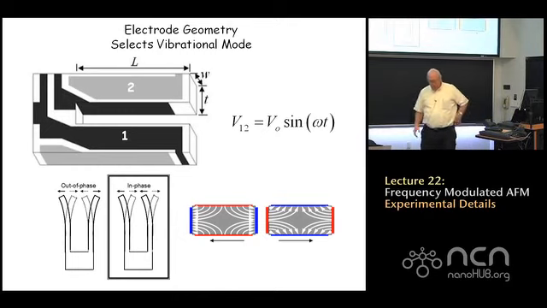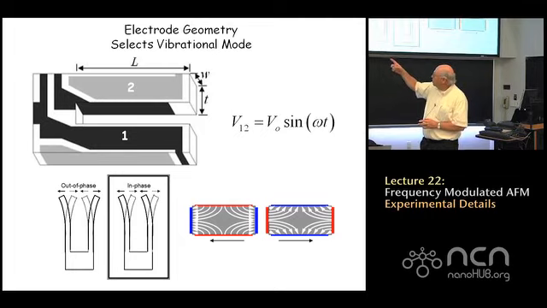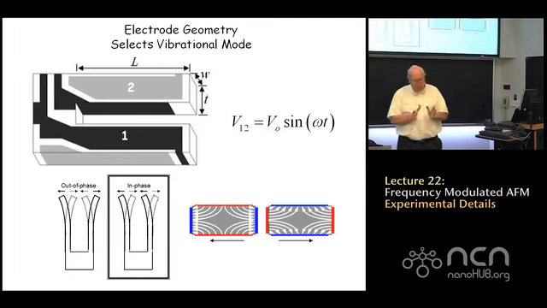If you cut a piece of quartz into this tuning fork geometry, which I indicated schematically over here, it's important to apply voltages to that tuning fork in such a way that you cause it to oscillate in one of its two primary modes.